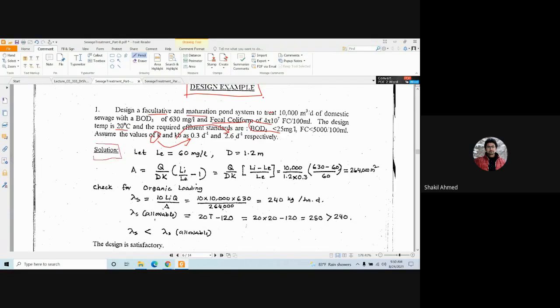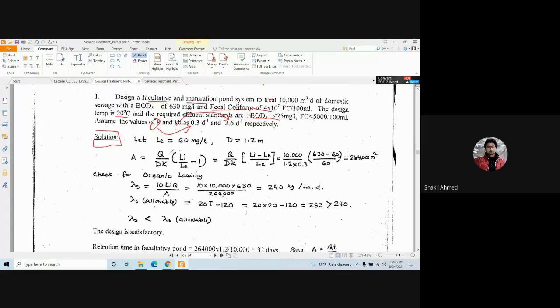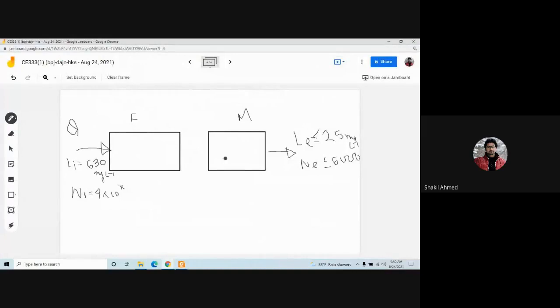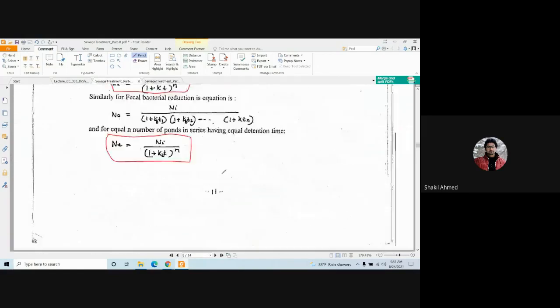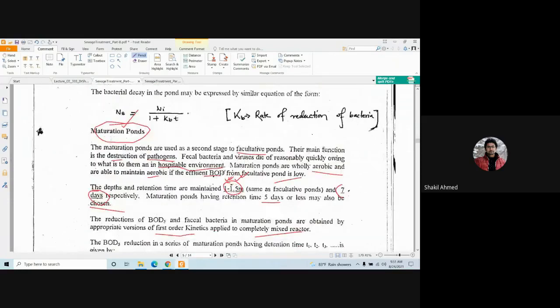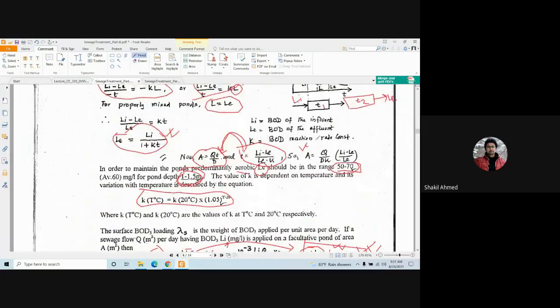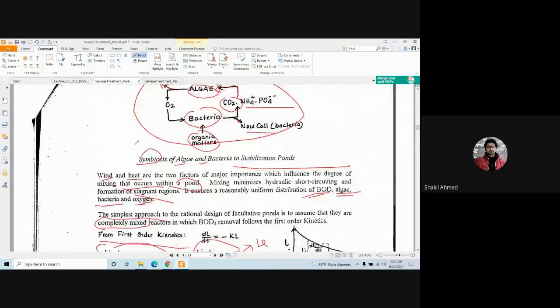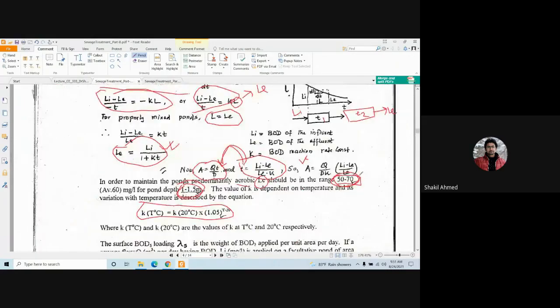So first, let's assume that we have Le 60 milligram per liter for this facultative pond, guys. As I told you, in facultative pond, we try to maintain a BOD of what, guys? 50 to 70.